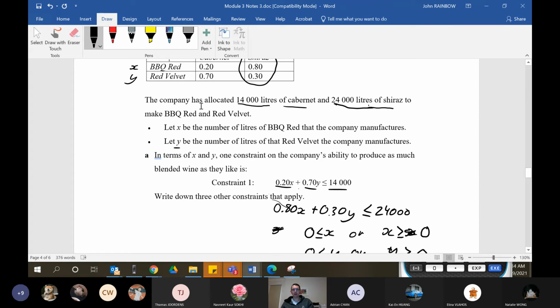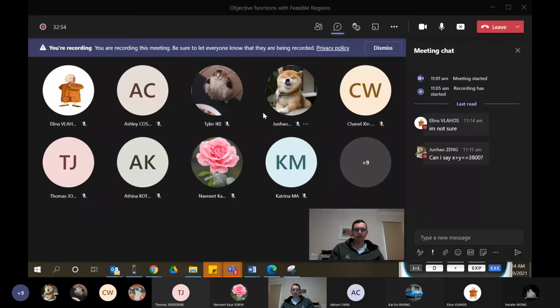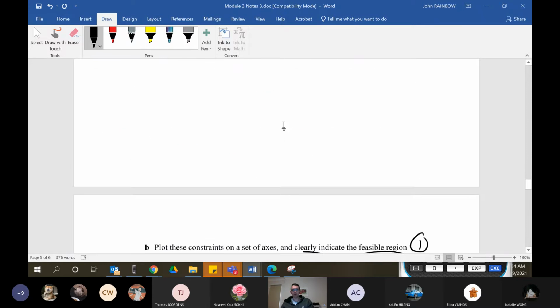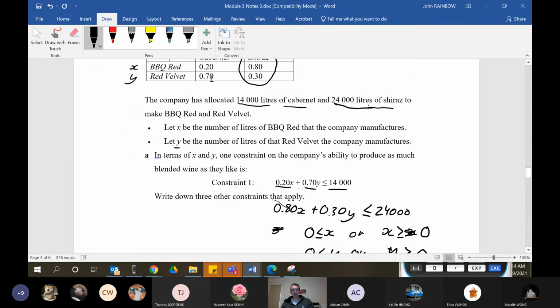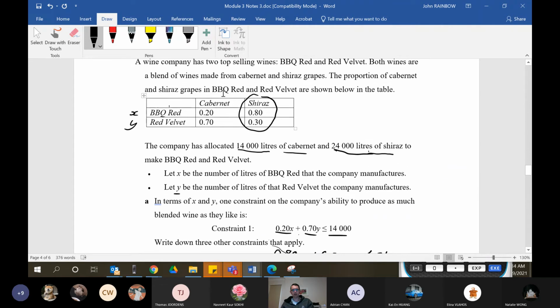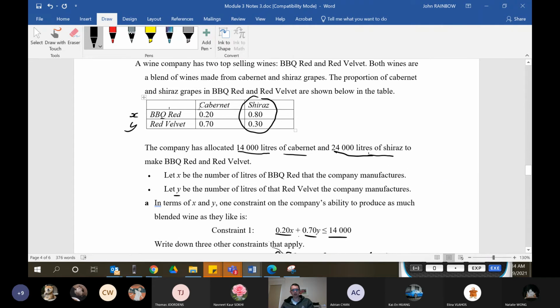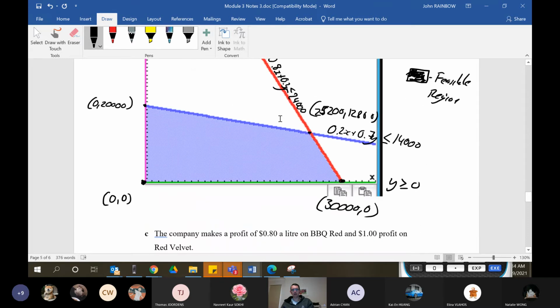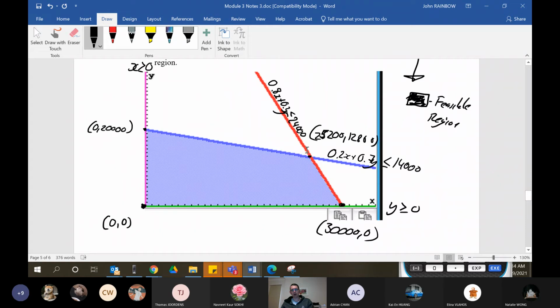Let's go back to our graph. So how do these inequalities work? Let's look at the Shiraz. Barbecue red takes 0.8 of Shiraz and red velvet takes 0.3. So that is this equation here, right?